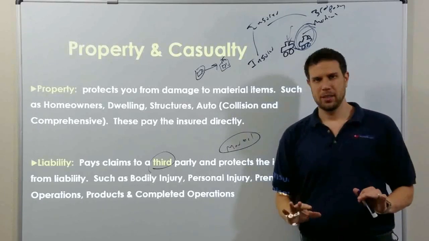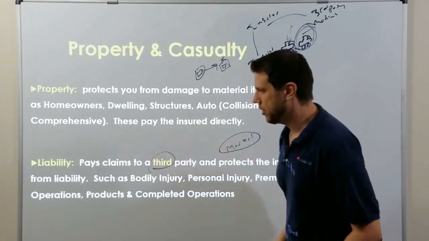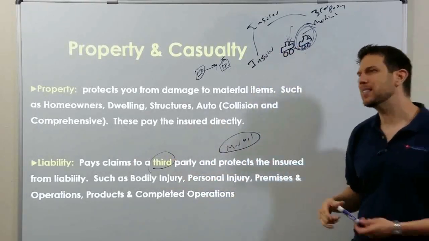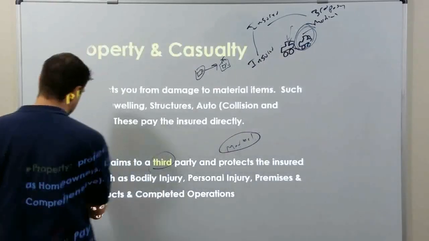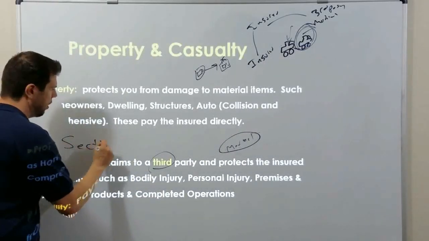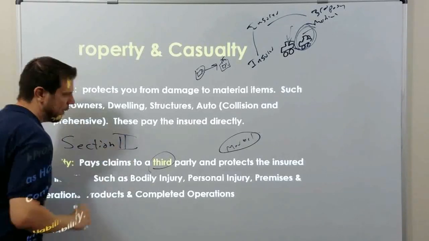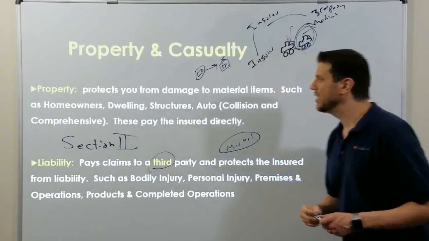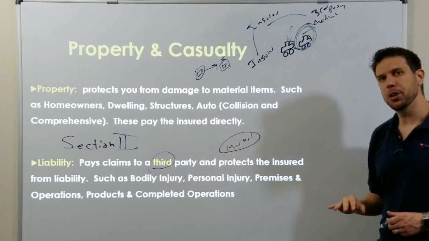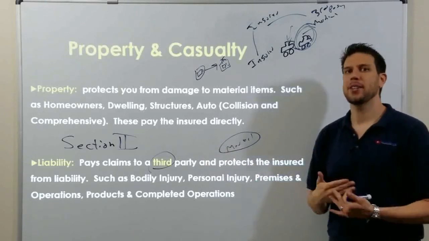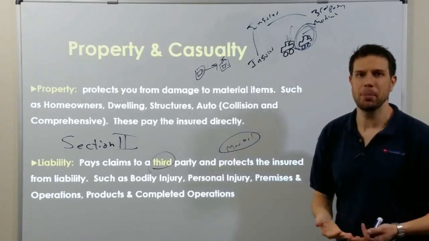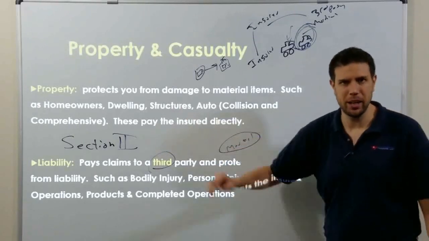On your test, liability insurance is also known as Section 2. Section 2 of any insurance policy is known as liability. So if your test asks you, what is Section 2 of an employer's liability policy? You just pick liability.